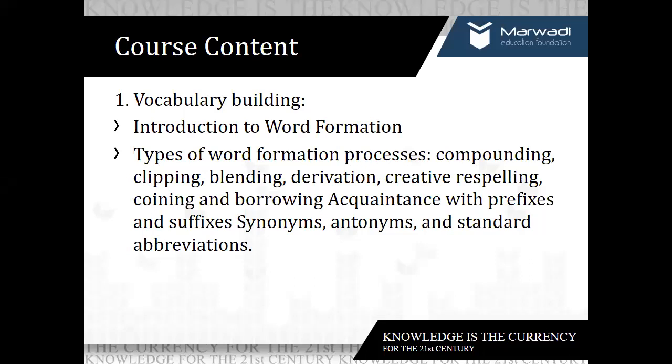For each topic, for example compounding, we'll talk about how words can be combined, how words are clipped, how words are blended, and how words are derived from different languages. There are people who write words in a creative way. So what is that? How words are coined and borrowed from languages. Fine. So we'll talk about all these things.